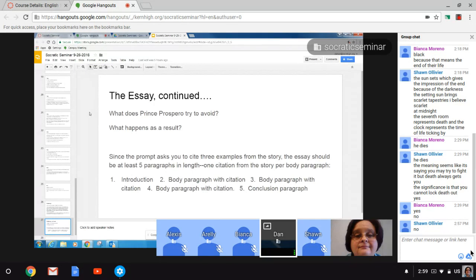So we have 3 body paragraphs, each with a citation from Masque of the Red Death and perhaps another story as well. And then the conclusion paragraph in which you sum things up. So that's the minimum I see, a 5-paragraph essay, because we're talking about using 3 citations, 1 in each body paragraph.